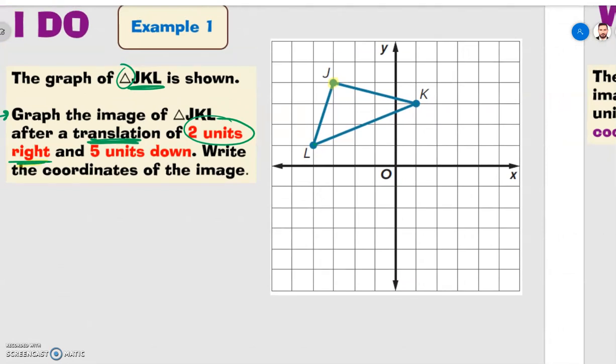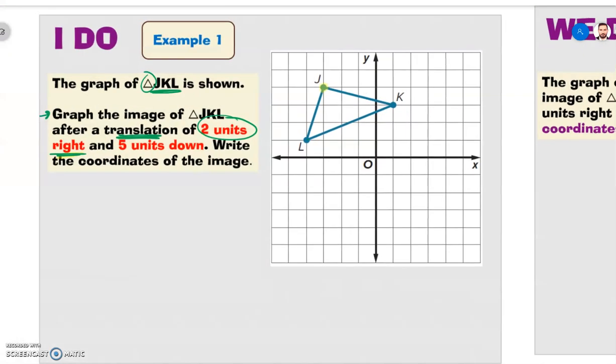Guys, 2 units right. Thank you. 1, 2 units right. And let's see how many units down. 5. 1, 2, 3, 4, 5. So my new point should be given here. This is the point J dash.